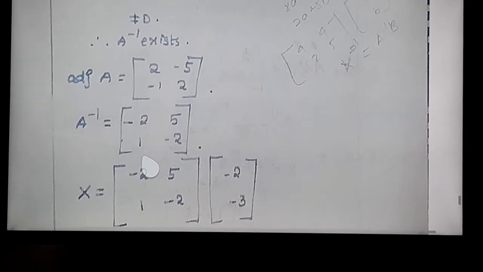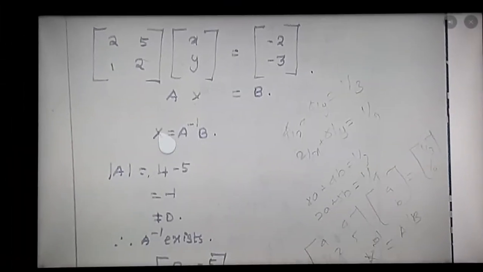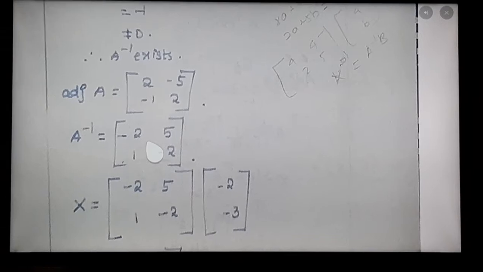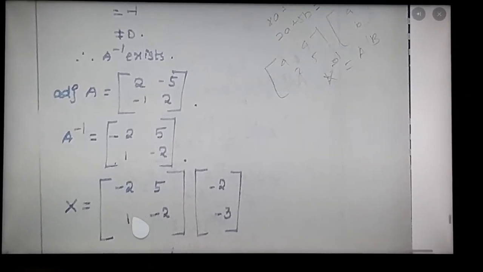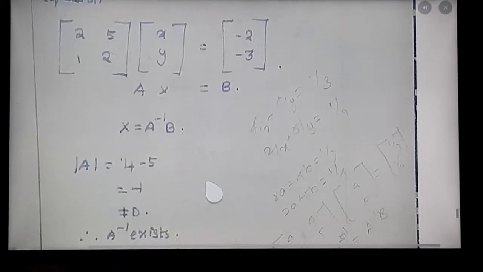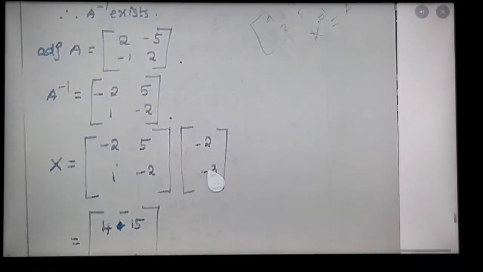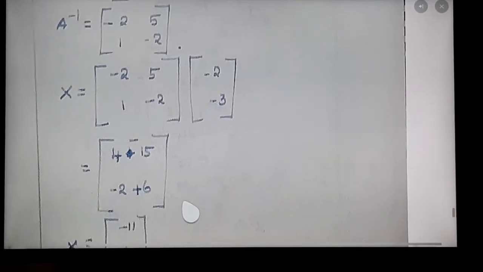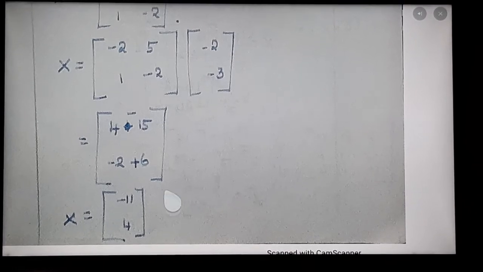Next, the solution of the given system of linear equation, X is equal to A inverse B. Therefore, X is equal to A inverse, minus 2, 5, 1, minus 2, times B, minus 2, minus 3. Here we multiply a 2 cross 2 with a 2 cross 1 and get a 2 cross 1.